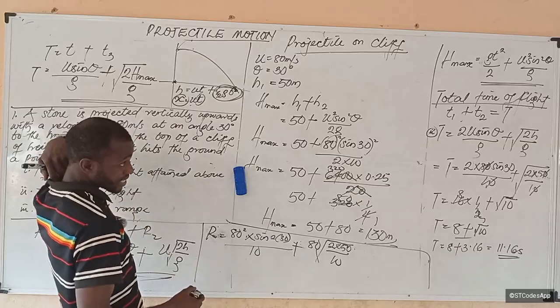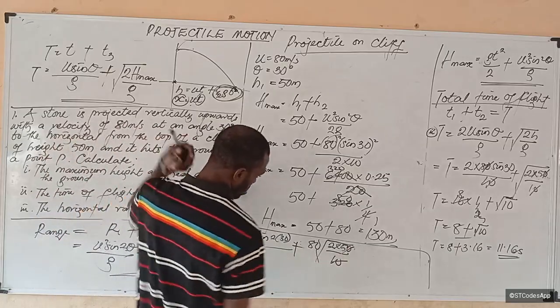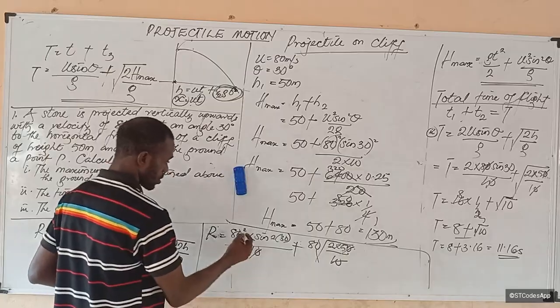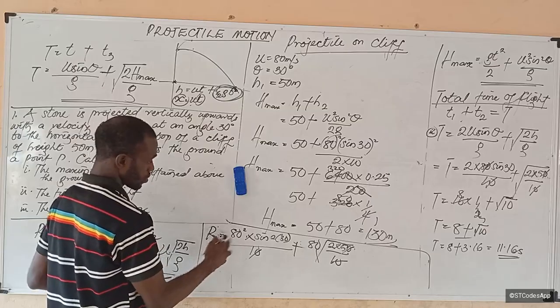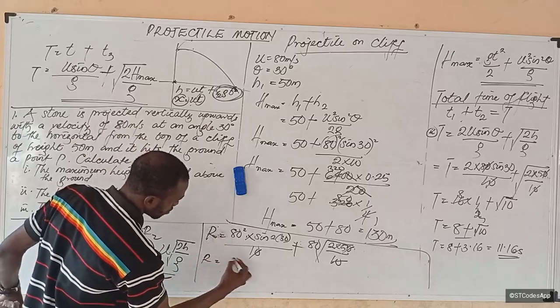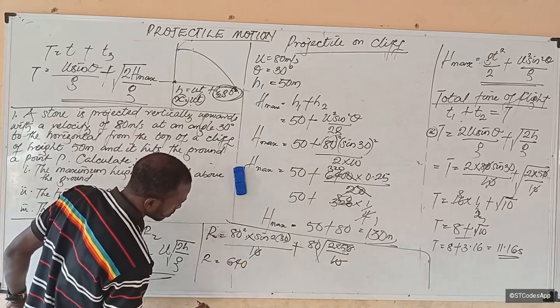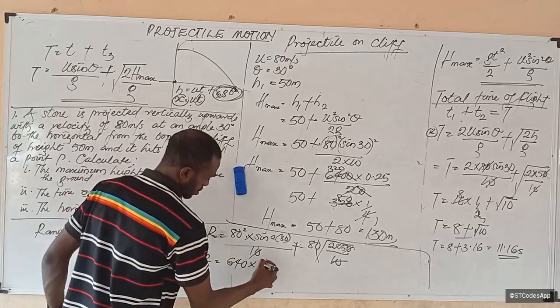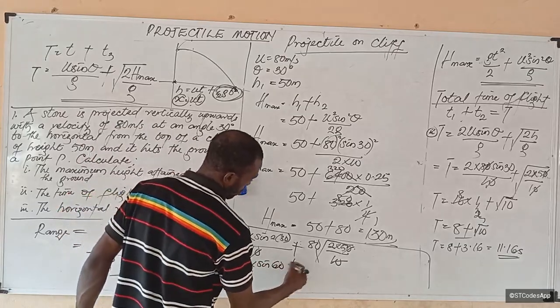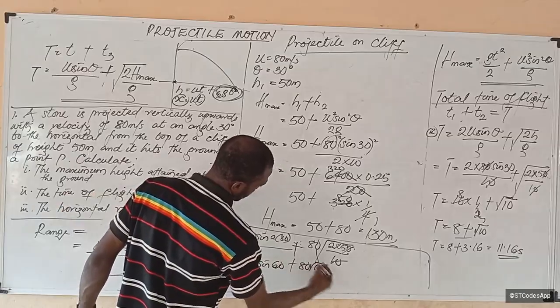So the same way, I think it still gives us root 10, right? So 80 root 10, here 1, here 10 cancels, you know this one is 6400, so it gives us 640. R becomes 640, because this is 6400, times sine 60 plus 80 root 10.